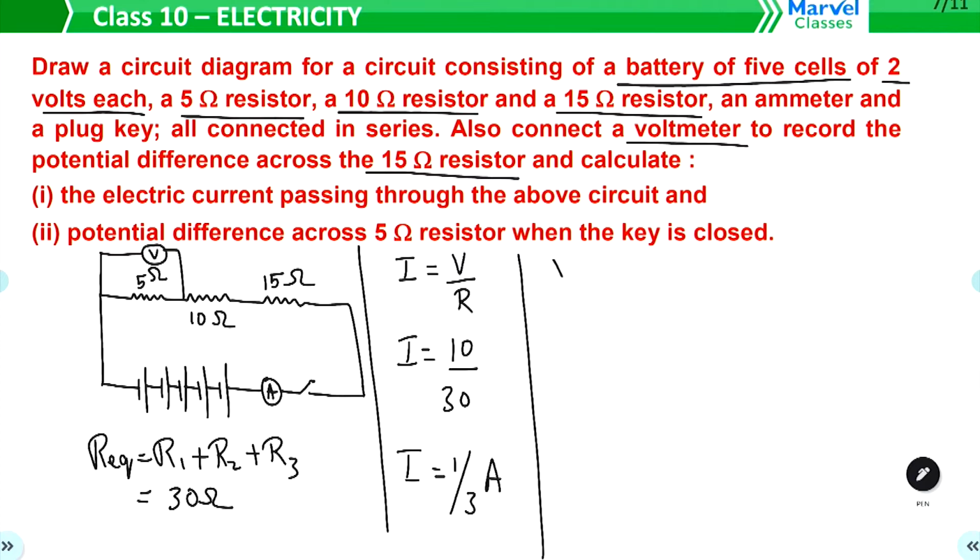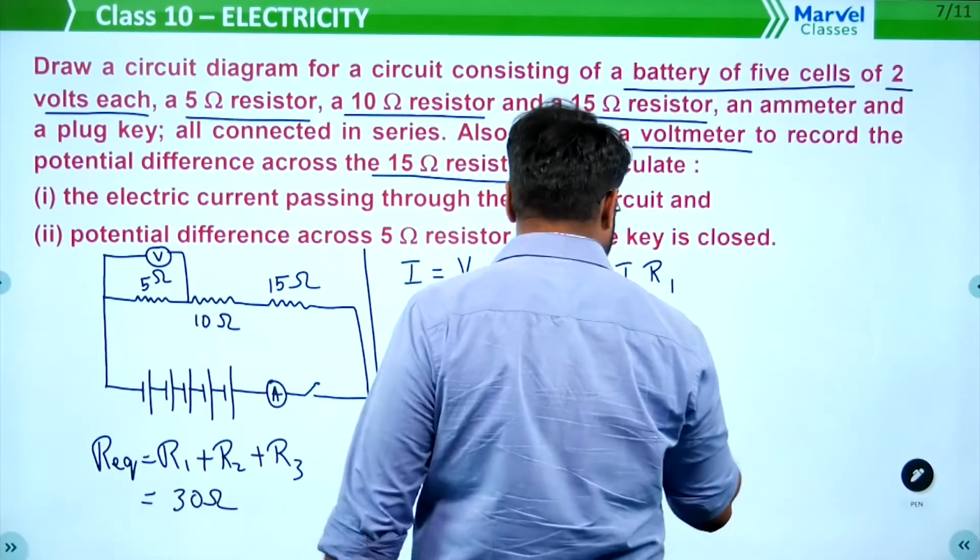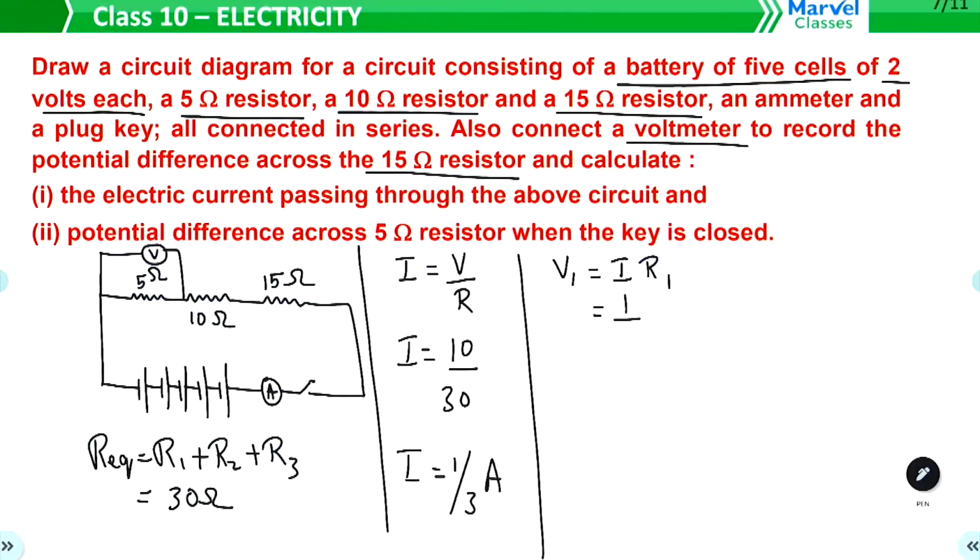So, V1 is equal to I into R1. The total potential here is 10, but we will not be substituting 10 here. Instead, I will put the current that I have calculated, which is 1 by 3, into the resistance here, which is 5, which will give me the potential drop on the 5 ohm resistor.